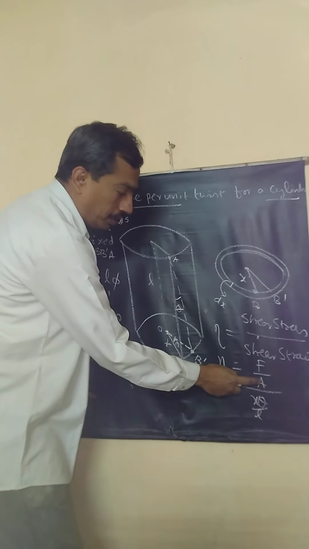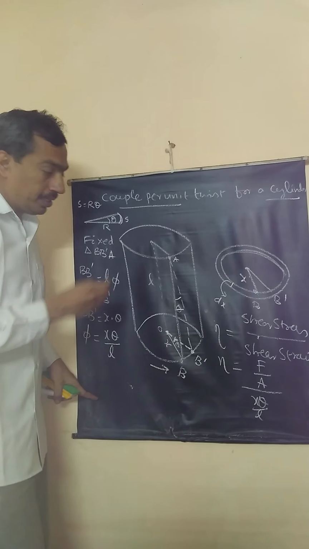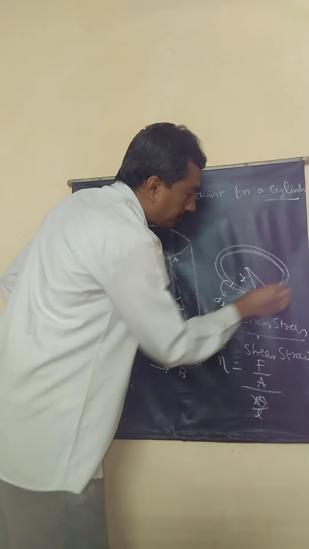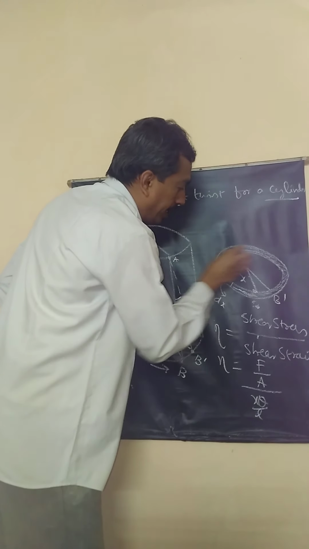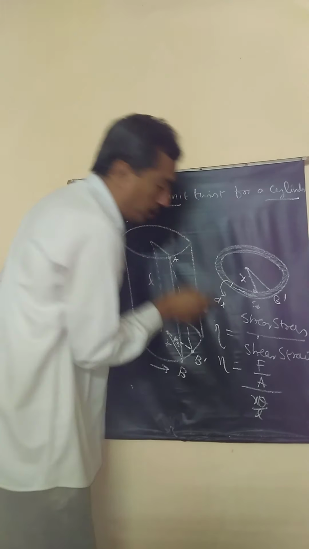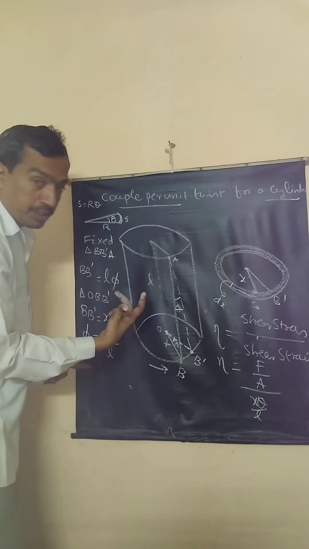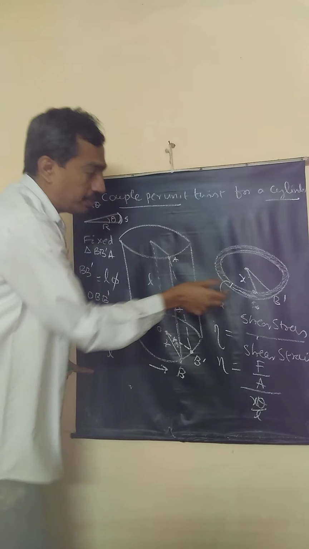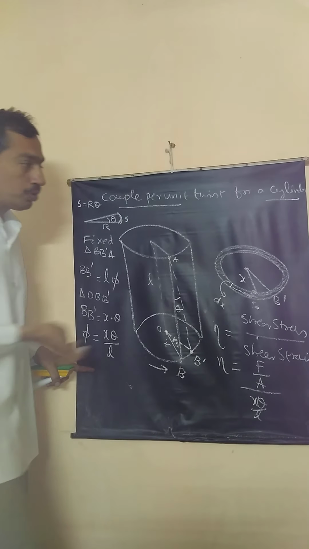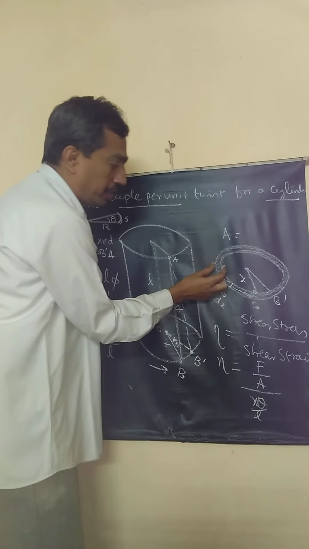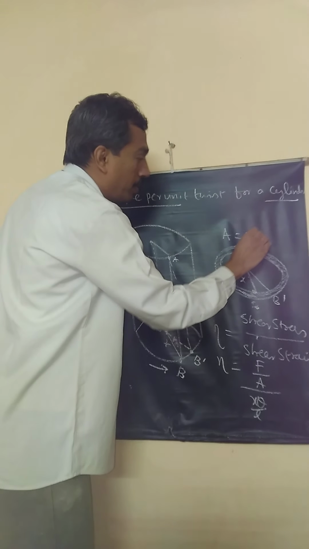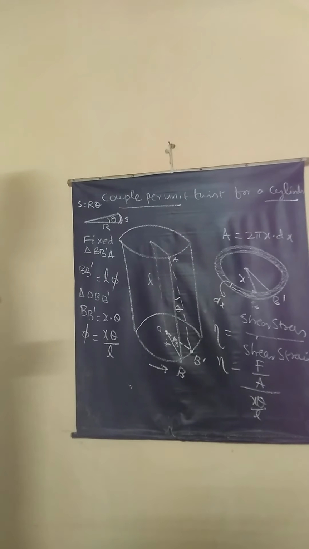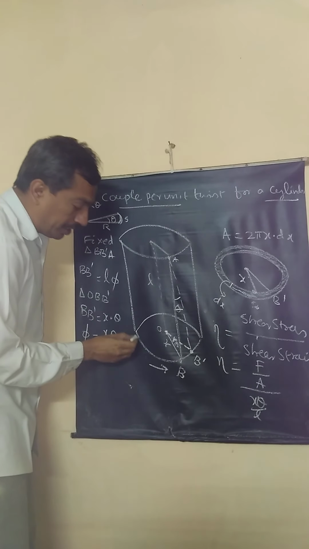Now what is the area we are considering? The couple acts on this area. See here? Correct? dx is assumed to be very small. We are applying stress on the outermost surface of thickness dx, radius x. So the area of this circular ring will be 2 pi x into dx. Correct? So couple is applied on that thickness.